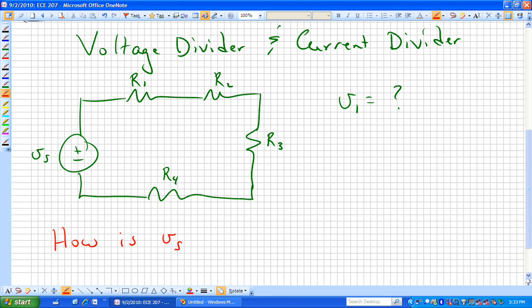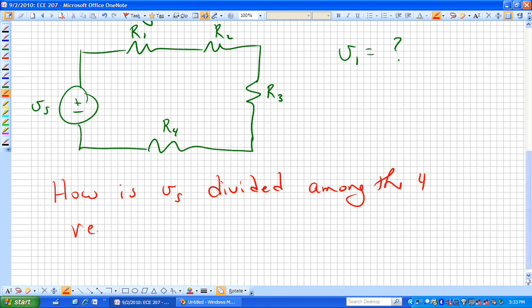But how is the source voltage V sub S divided among the 4 resistors? Or you could think of those as loads.